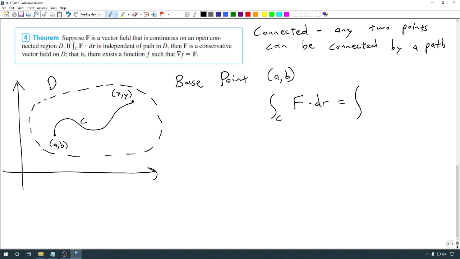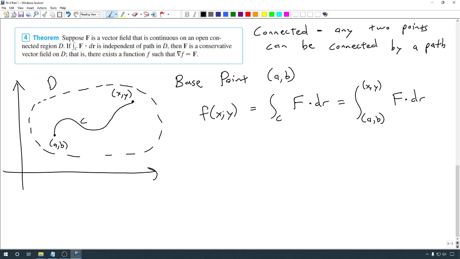In fact, the book actually likes to write this as the integral from AB to xy. Just to specify that it doesn't really matter how we get from AB to xy, we get the same result either way. And since we get the same result either way, we're just going to call that result f of xy.